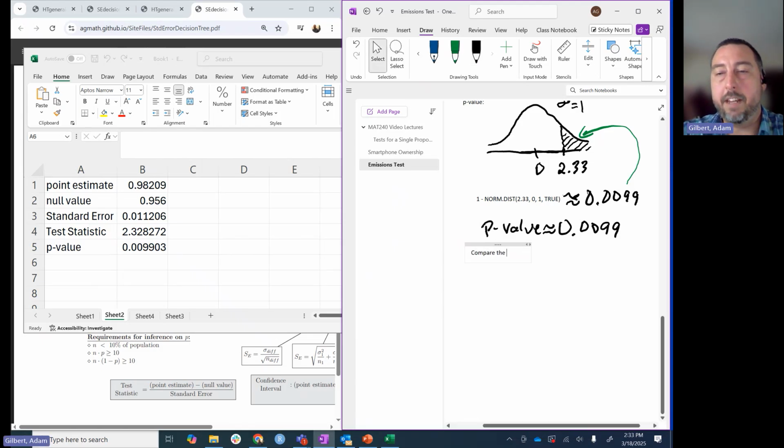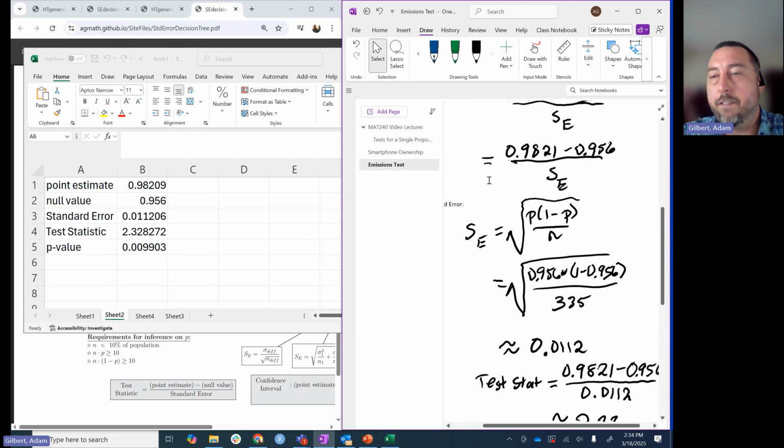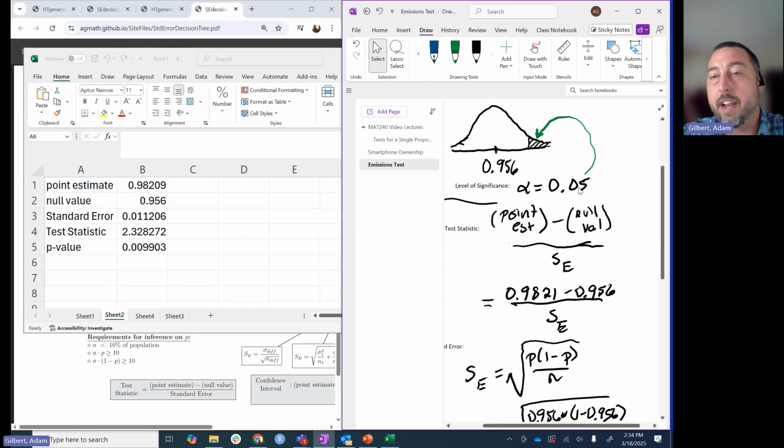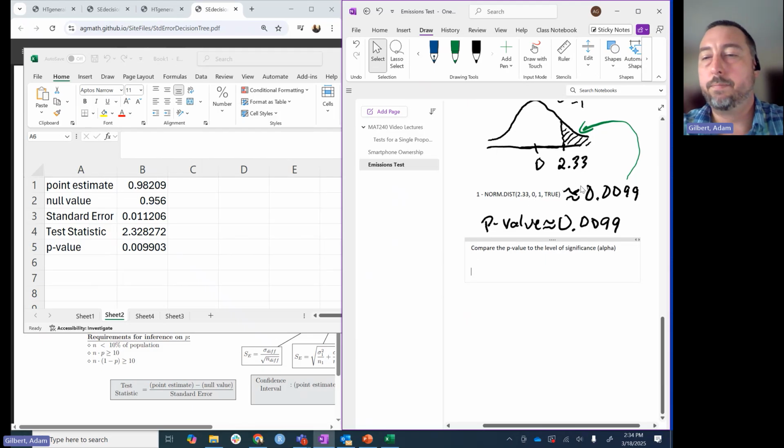So compare the p-value to the level of significance. That's alpha. Our p-value here is 0.0099. Our alpha value was 5%. So our p-value is less than alpha.